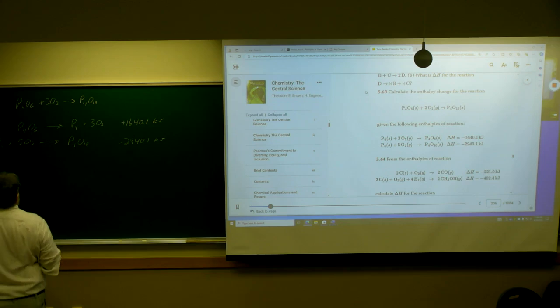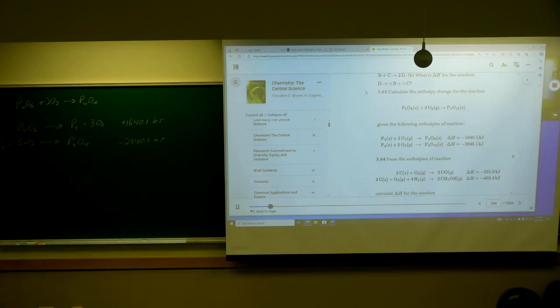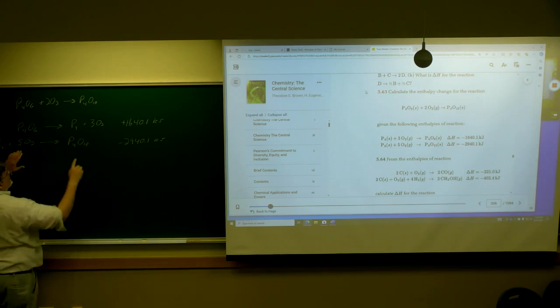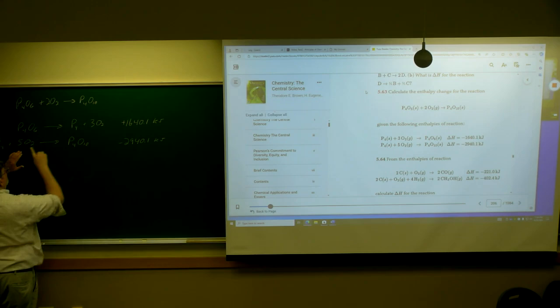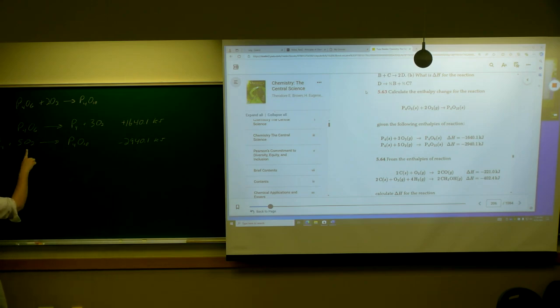Okay. I think this just works as it is. All right. I've got 3O2 over here and 5O2 over here. So 3O2 will cancel 3 out of 5 here.